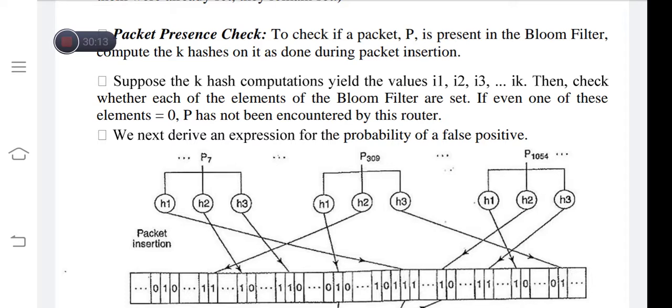That is, in the Bloom filter, corresponding to the index values I1, I2, I3, etc., up to Ik, which are computed on the packet, if the value at a particular index is not equal to 1, that is, if it is 0, at the indices I1, I2, I3, etc., up to Ik, if any one of those elements equals 0, then it means that that particular packet has not been encountered by the router.